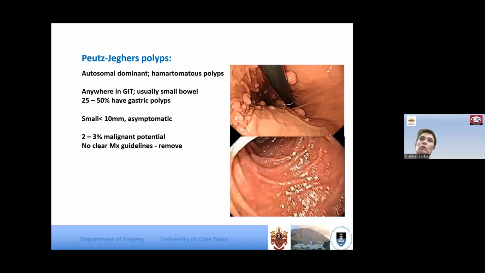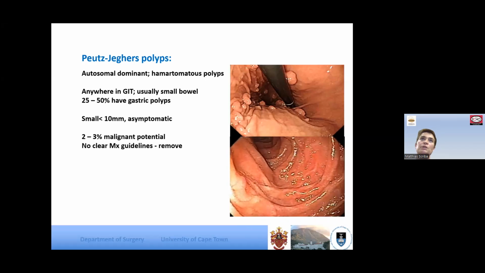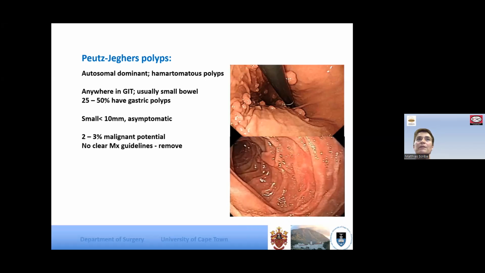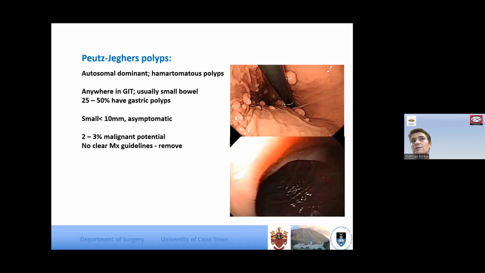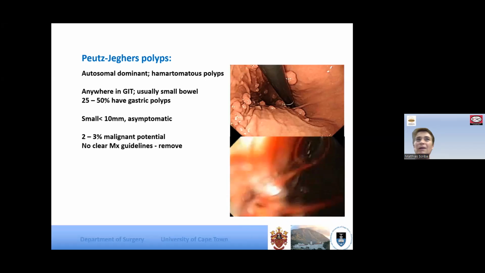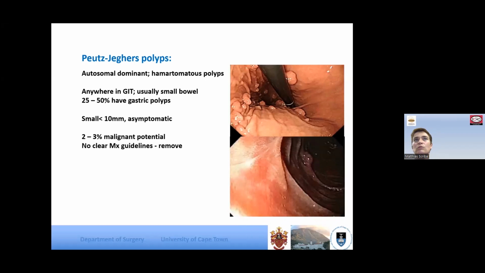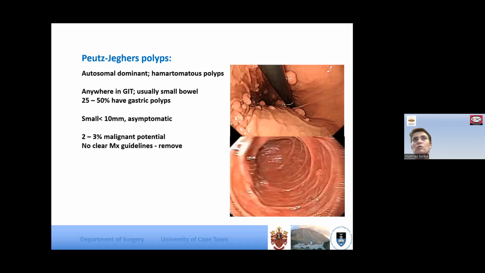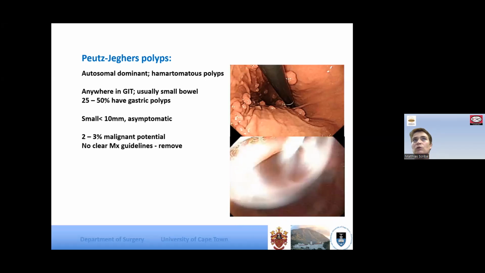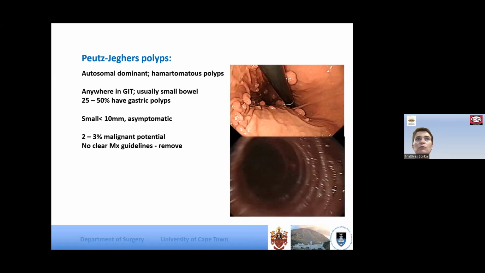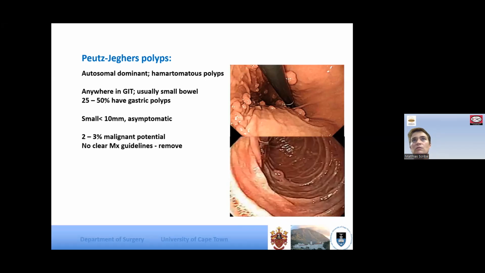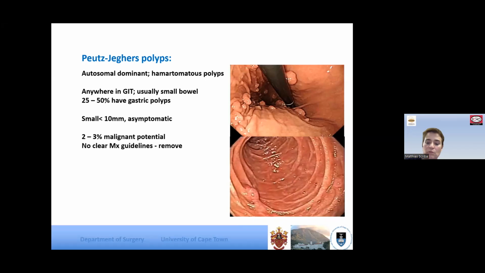They're usually small and usually not an issue for the patient. But again, there is that slight malignant potential. Again, no clear guidelines as what to do with them. But I think if you know this is a Peutz-Jeghers patient and you've got solitary manageable ones, do take them out. And this is a situation that you should probably be surveilling.